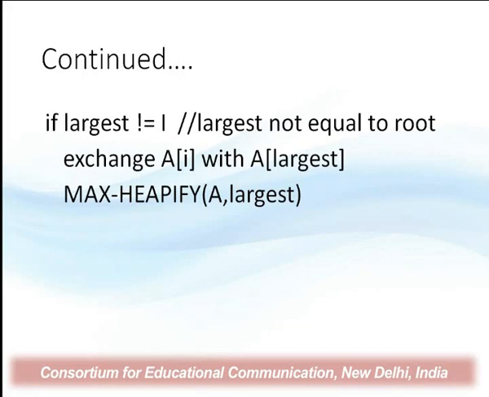As you have seen in the example, this heapification may disturb the heap property of its subtrees, so we need to recursively call max heapify again for the next levels down, so max heapify A comma largest. So now your largest is at the position which you need to heapify again recursively.